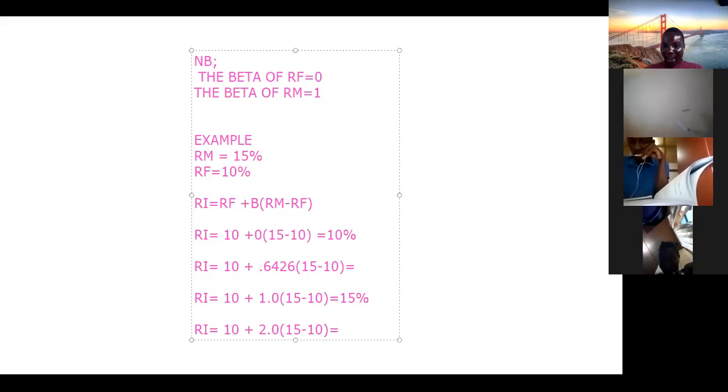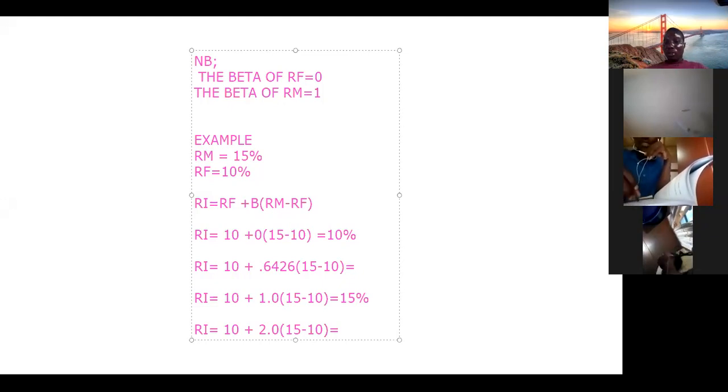So now, at the end of the day, you have the statement that I gave you, then I gave you an illustration with the statement attached to it. So based on the statement, which one is the market return? Based on the statement, the expected rate that has 15% has beta equal to 1.